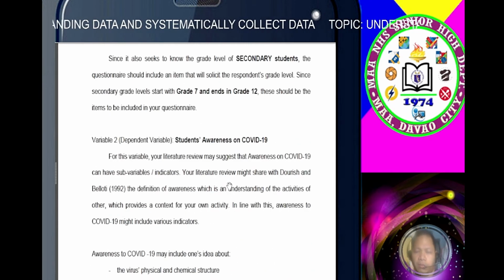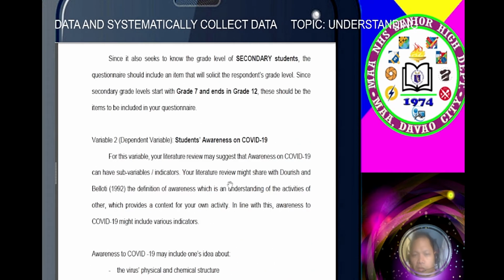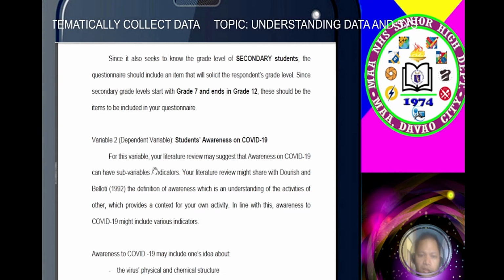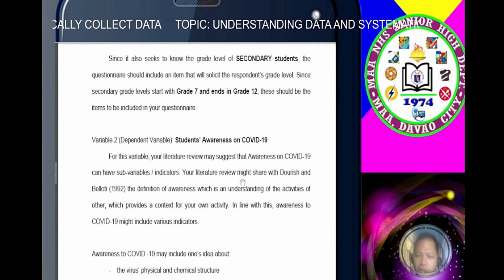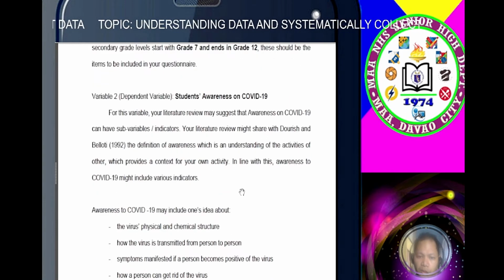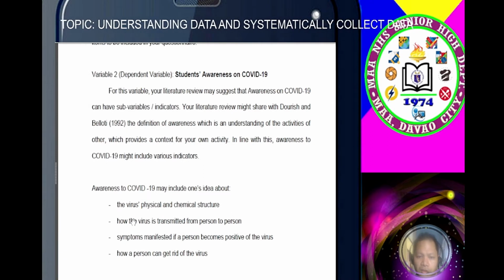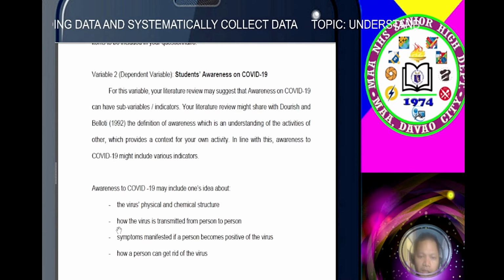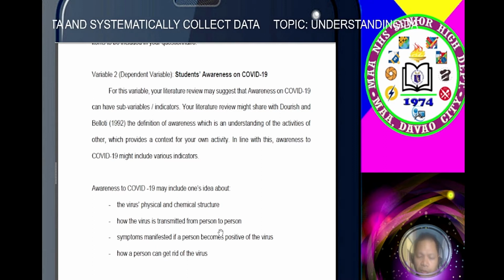Then for your dependent variable, which is the students' awareness on COVID-19, the literature review may suggest that awareness on COVID-19 can have these indicators. Number 1, the virus's physical and chemical structure. Number 2, how the virus is transmitted from person to person.